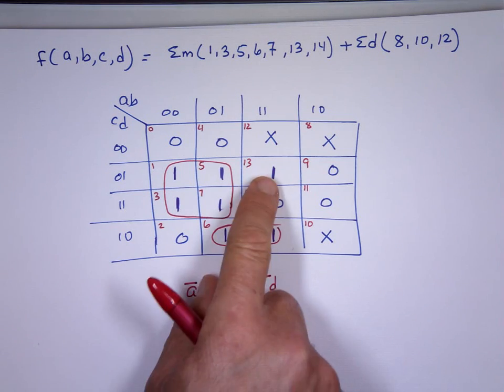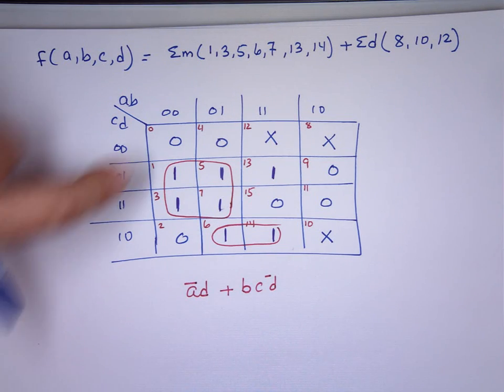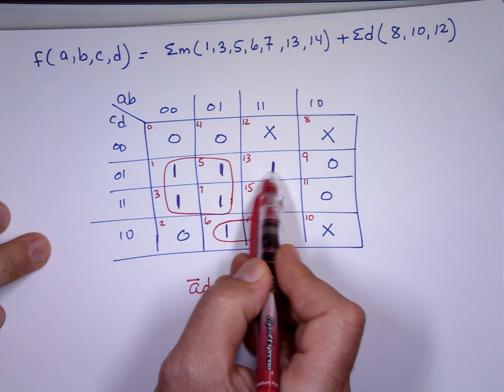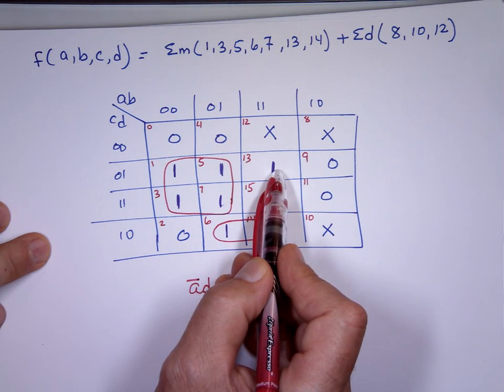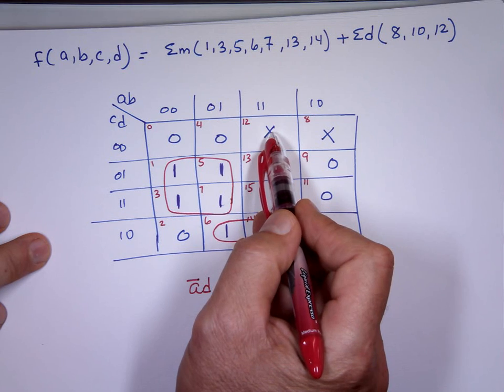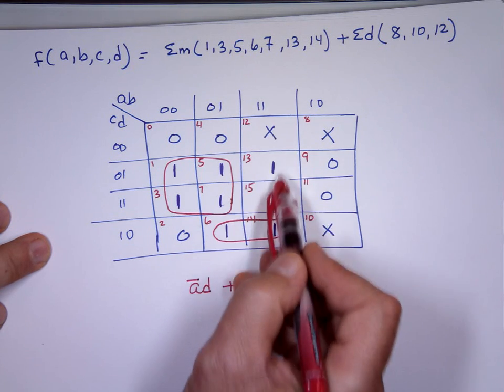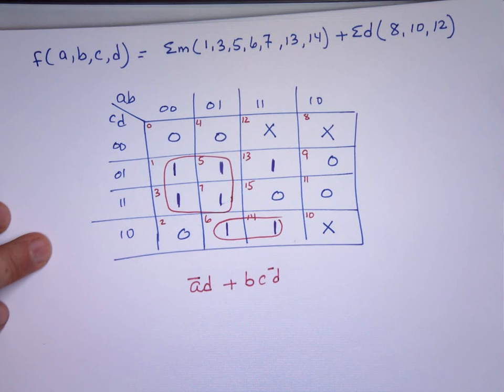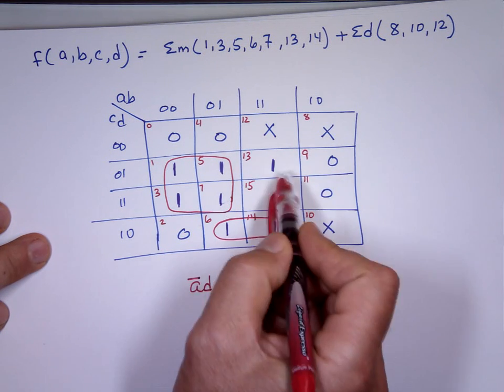Why 2? Because to take the 1 here, to group this one, I can group it with this, or I can group it with this one. Right? I can change that don't care to 1 and group it that way, or I can take it with this. It's up to me. So if I group it this way, I'll have what?